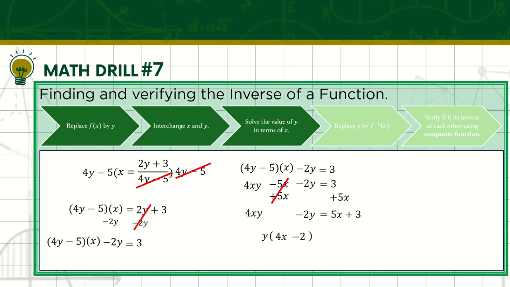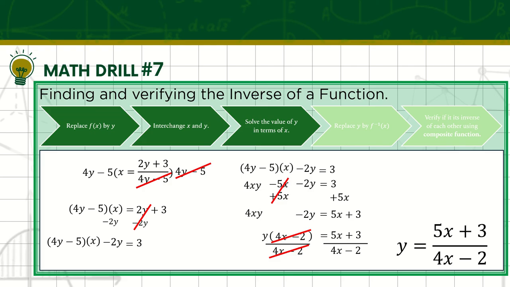And then we're going to copy the right side of the equation, which is 5x plus 3. After that, we can now divide both sides of the equation by 4x minus 2. And then we can now cancel out 4x minus 2 from the left side of the equation. This gives us the final answer, y is equal to (5x plus 3) all over (4x minus 2).